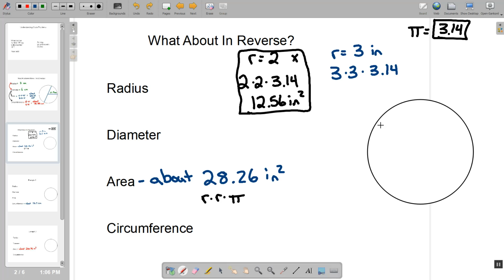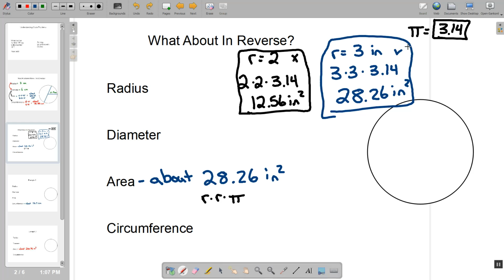And if I type in 3 times pi, I get about 28 and 26/100 inches squared. Which, look at that, I actually got it right on the second try, which means our radius must be 3.